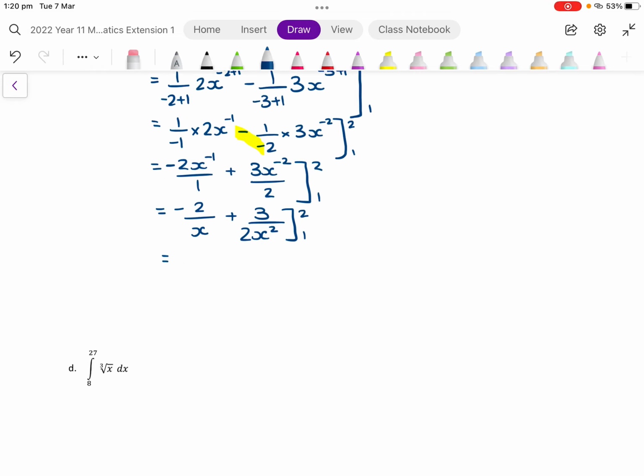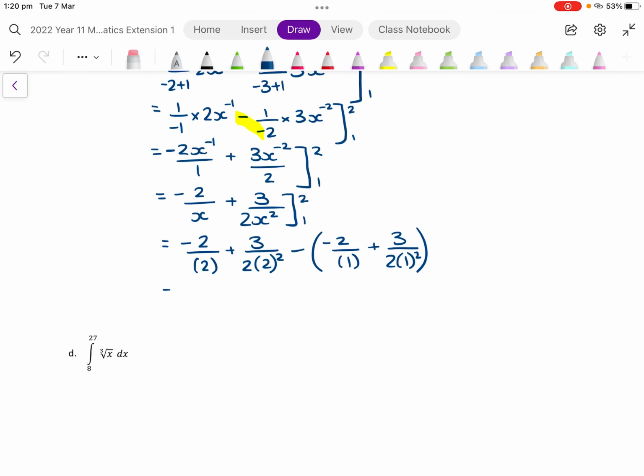So we substitute in our larger number, our b number of 2 first, so we'll have minus 2 over 2 plus 3 over 2 lots of 2 squared. Then we're going to take away, in brackets, our negative 2 over our lower number of 1 plus 3 over 2 lots of 1 squared.